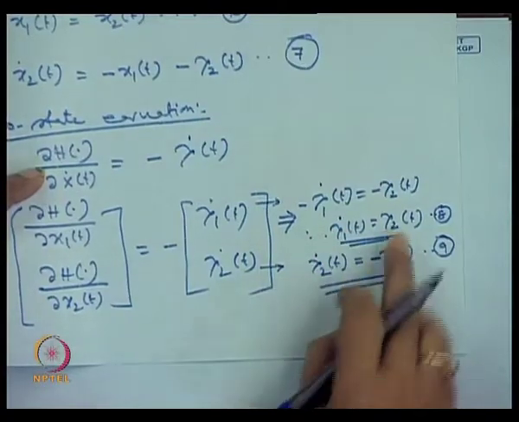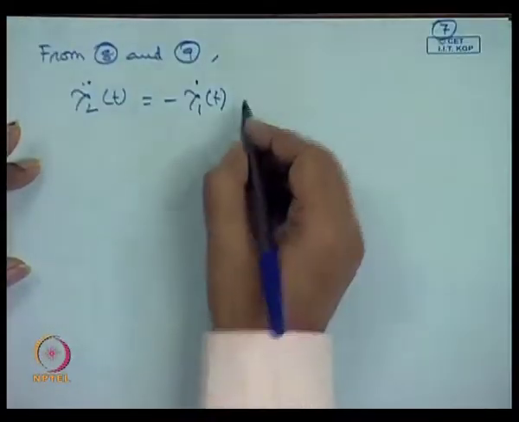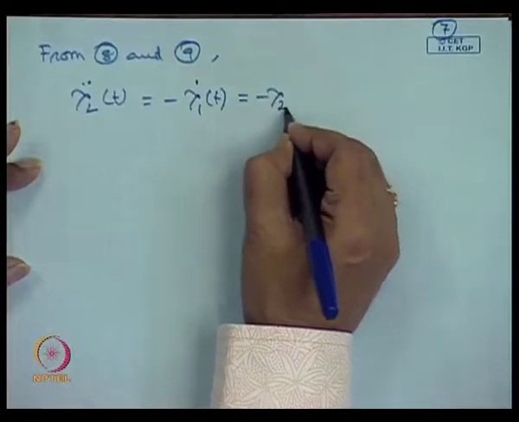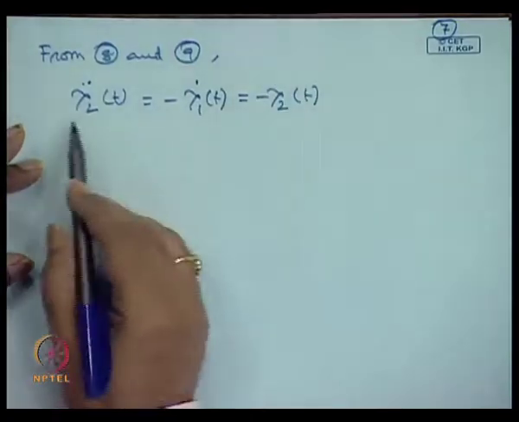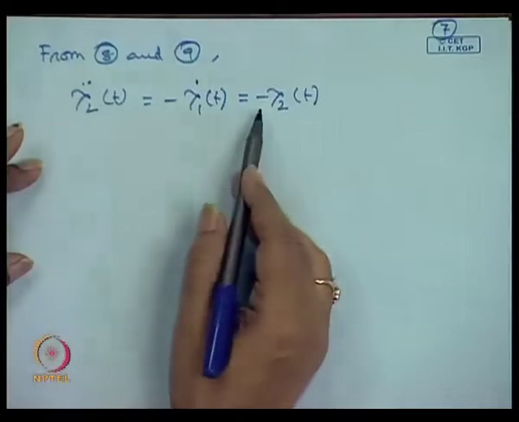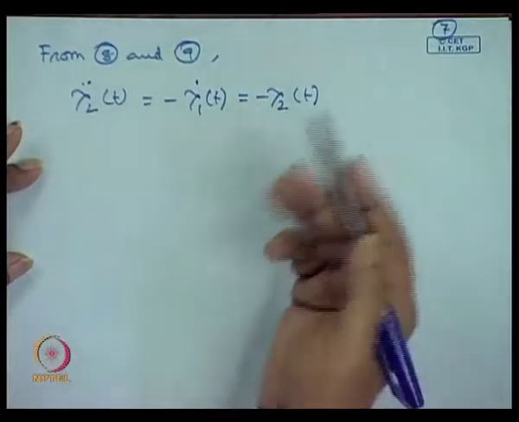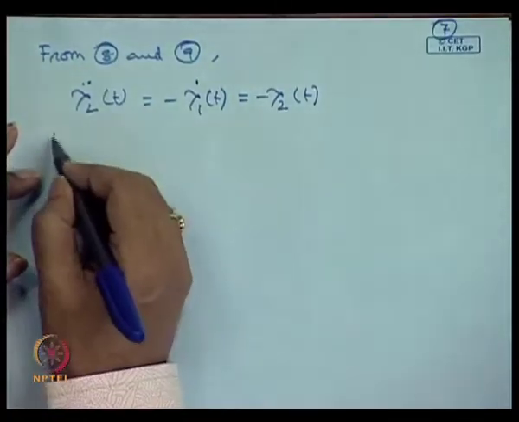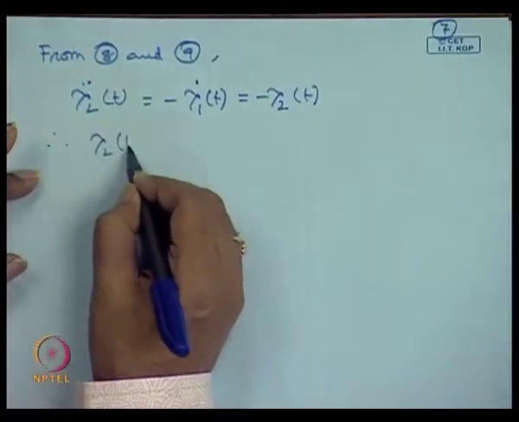Now, lambda1 dot of t is lambda2 of t, so this is nothing but minus lambda2 of t. It is something like x double dot is equal to minus x, so it is a homogeneous equation. The solution of this we can get this way.